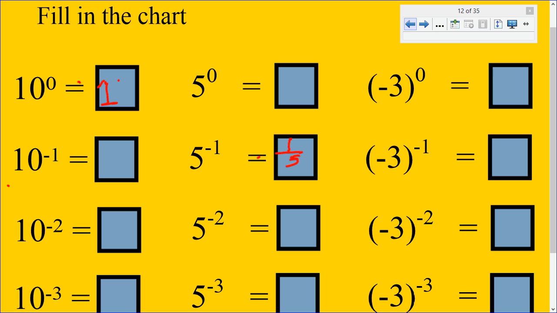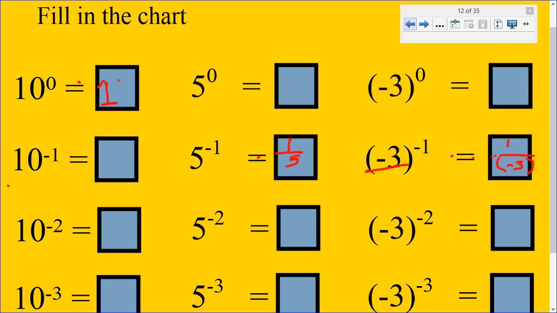Now let's look at the parenthesis. Over here we have negative 3 to the negative 1 also. And notice the negative 3 is in parenthesis. So that means that stuff in parenthesis is going to go on the bottom, and it's to the first power.